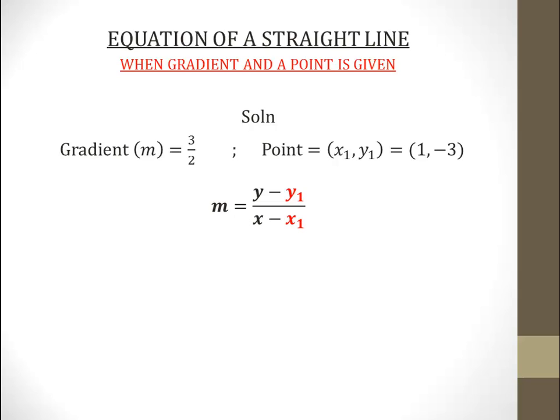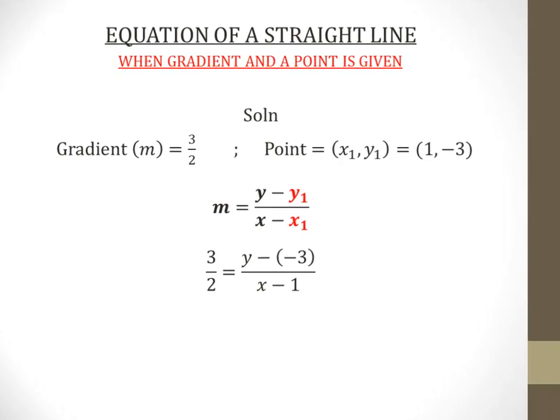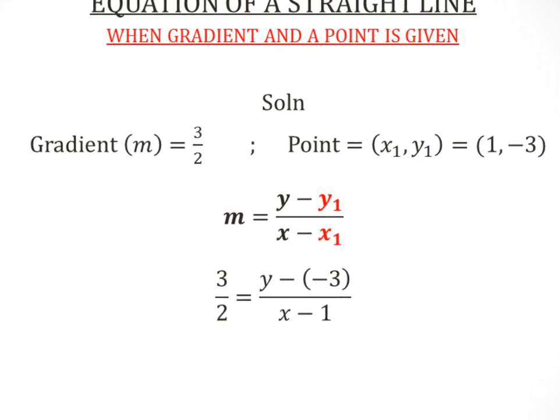So now I know my gradient to be 3 on 2. I know my point to be (1, negative 3). So I know gradient to be m, so I'm going to replace m by 3 on 2. I know x1 to be 1, and then I also know y1 to be negative 3. So in replacing it, this is what you are going to get. From here, we are going to do the crossing.